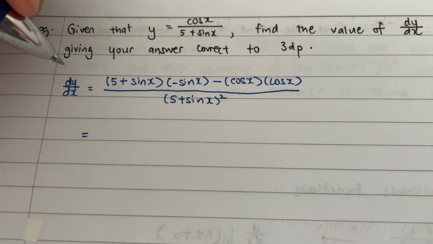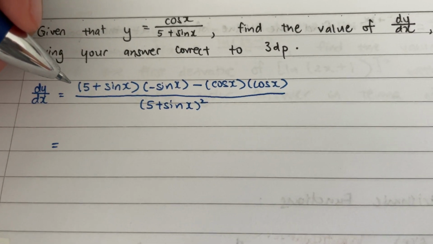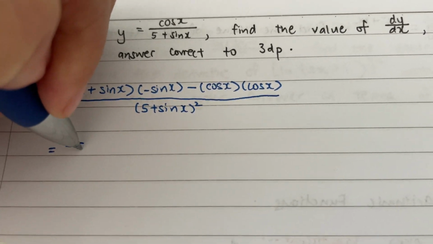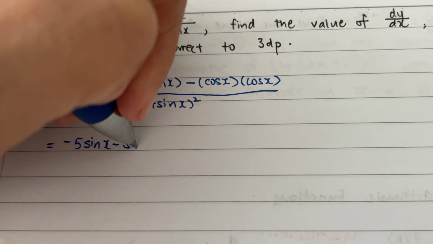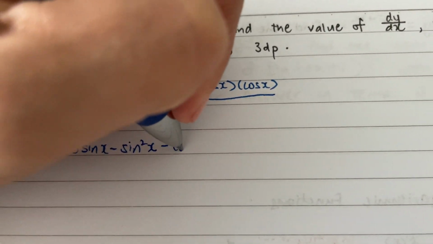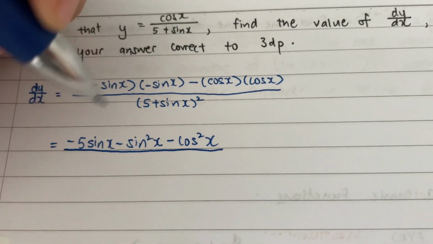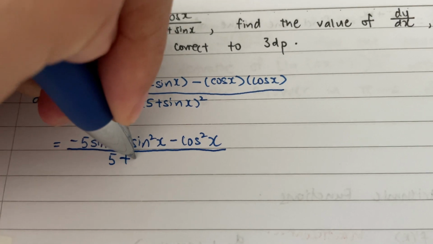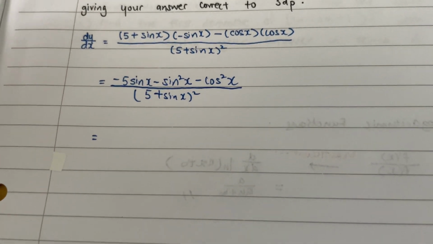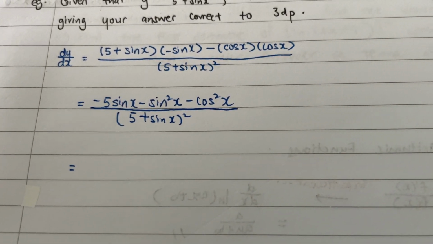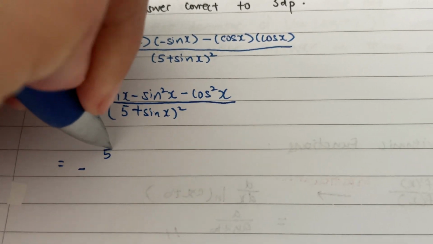At this point we can simplify. So let's simplify by multiplying everything out. So we have, if we were to extract out the negative sign from the numerator, we will have this.